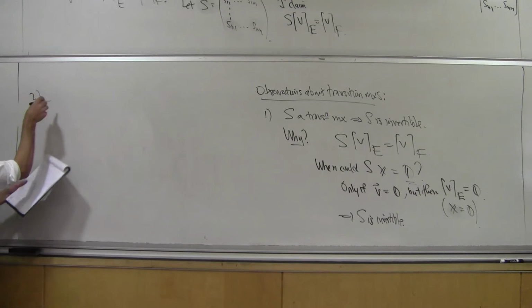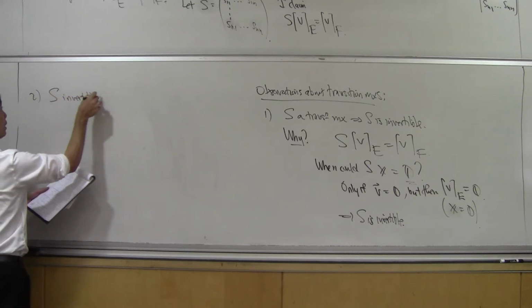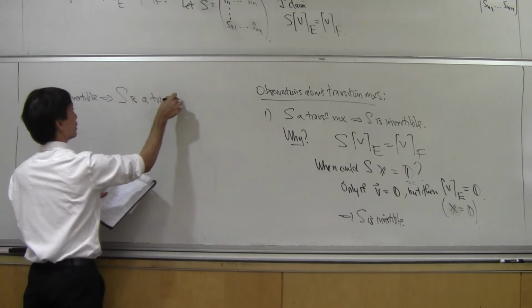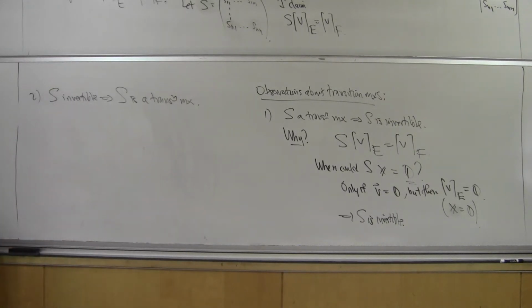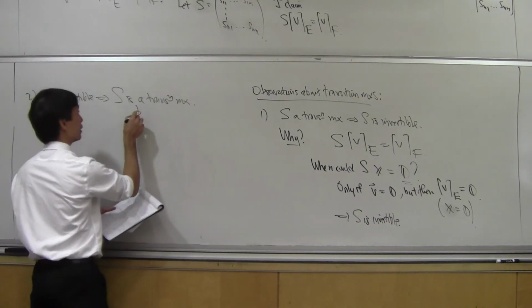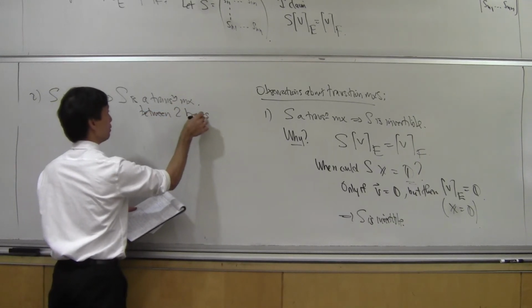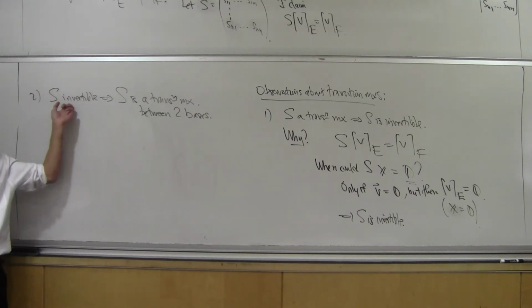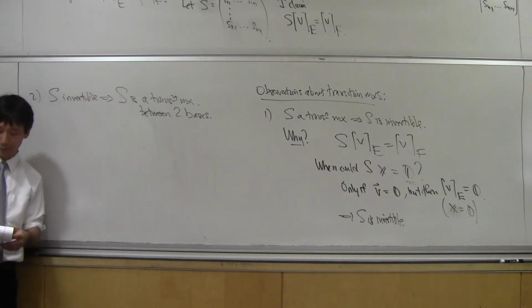Second observation: if S is invertible, then S is a transition matrix. This is sort of a hokey, weird thing to say, but it's true. If S is invertible, then you can use it as a transition matrix between two bases.